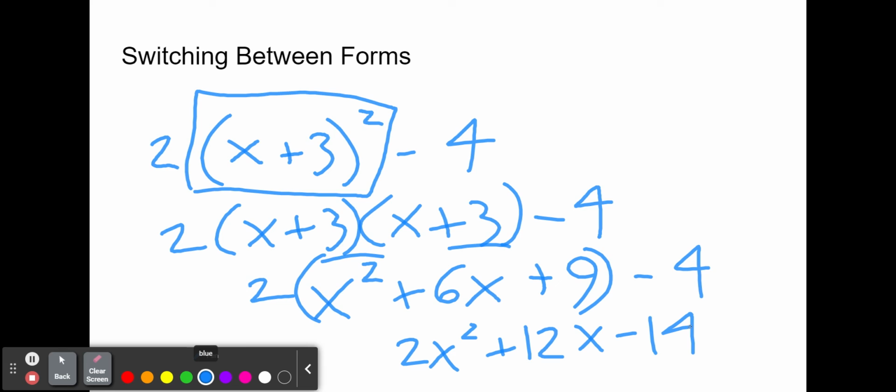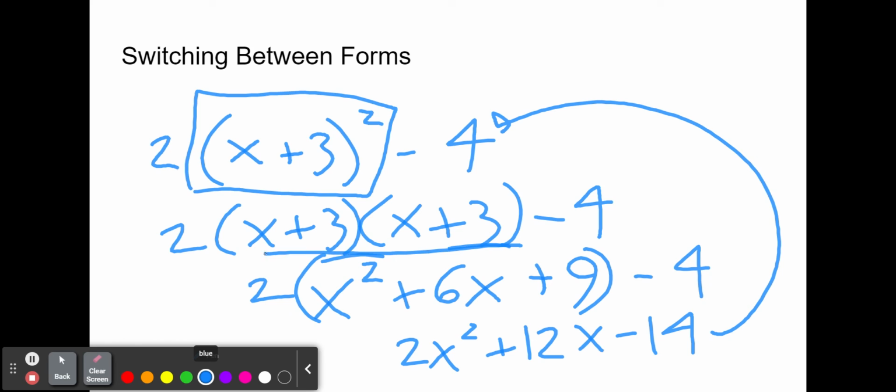Now, the real question is, how the heck do you take something in standard form and reverse engineer that? That is a really difficult concept and involves this relationship between something being multiplied by itself, which is called a sum of squares. I'm not going to get into that today, but I'll give you a hint.